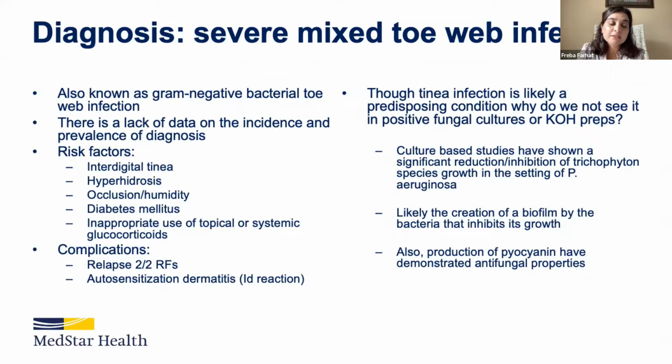Some of the complications that they noted, which we saw in our patient, is relapse, and this is likely due to those underlying risk factors that were either not addressed properly or were ineffective when they were addressed. And then something that we see often is this autosensitization dermatitis, also known as an id reaction, which we typically see with tinea infections, but you can see with a lot of infectious etiologies, which is essentially a sympathy rash that will arise elsewhere on the body.